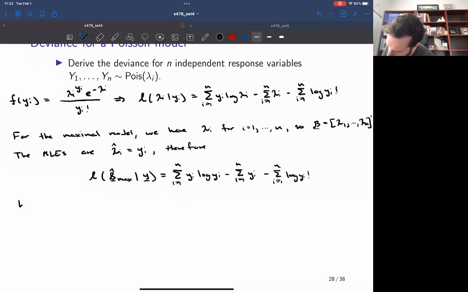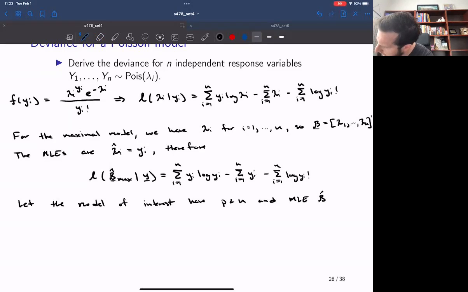All right. So let the model of interest have p less than n and MLE beta hat.